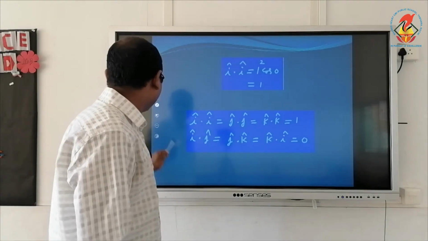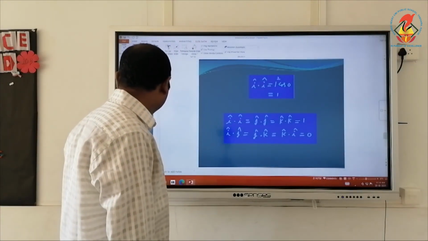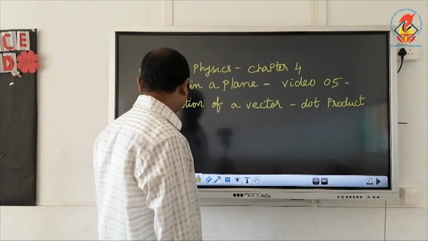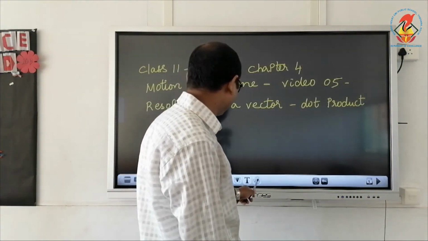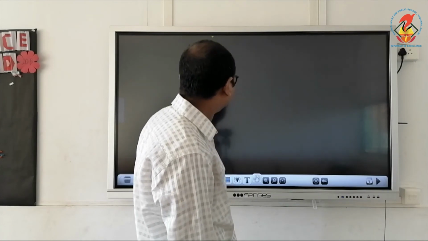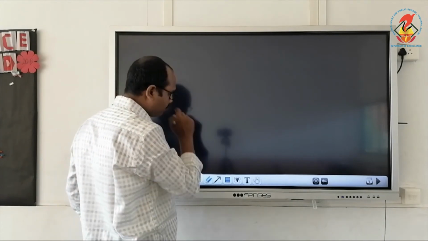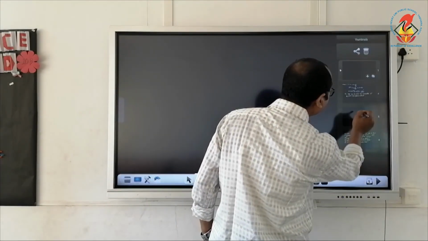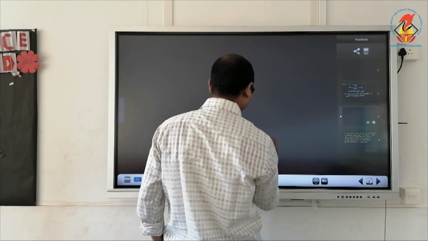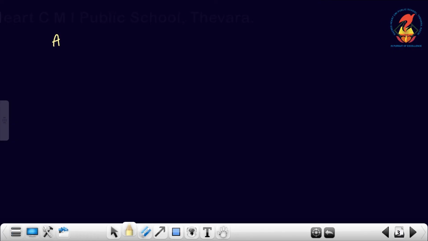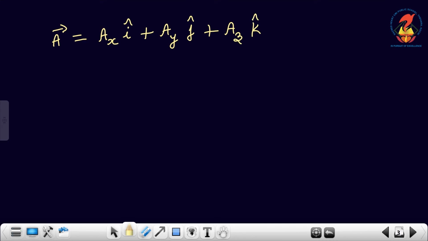Now let us see how to multiply two vectors using vector algebra. How to do the dot product of two vectors in vector algebra. I write vector A as Ax i cap plus Ay j cap plus Az k cap.